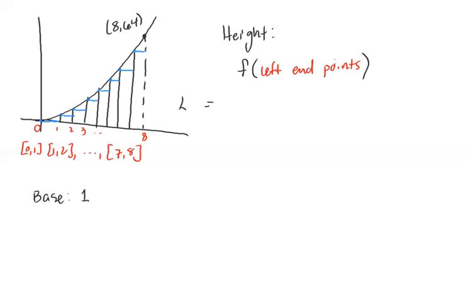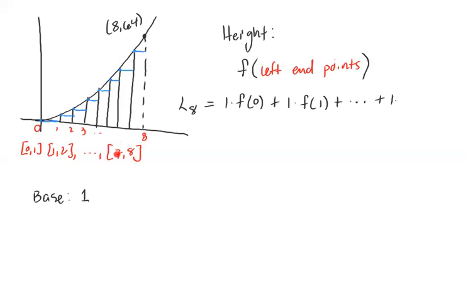So that means L8, the area of those rectangles in total, is equal to the base times the height of the first one, which is f of 0. 0 is the leftmost endpoint here, plus the base of 1 times f of 1, plus, we continue on pattern, plus 1 times, let's see, our final interval is 7, 8.